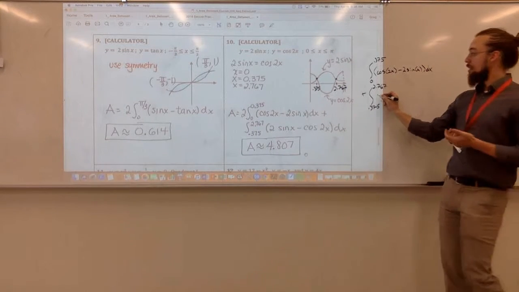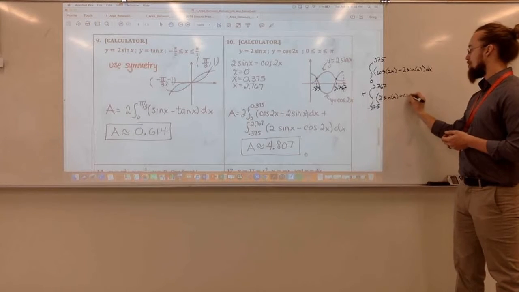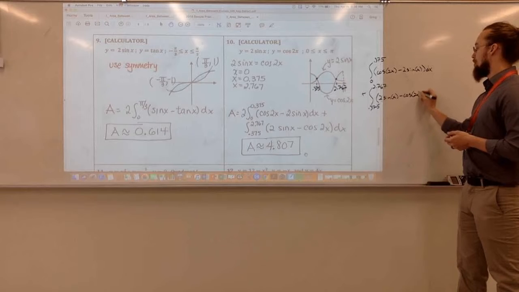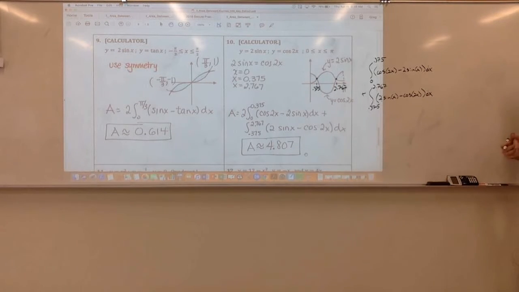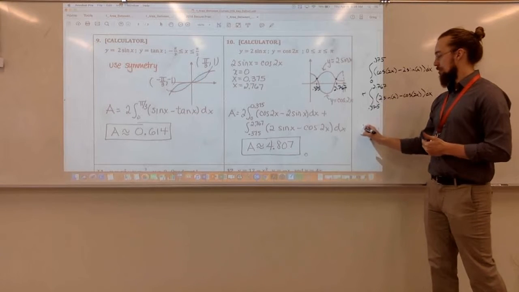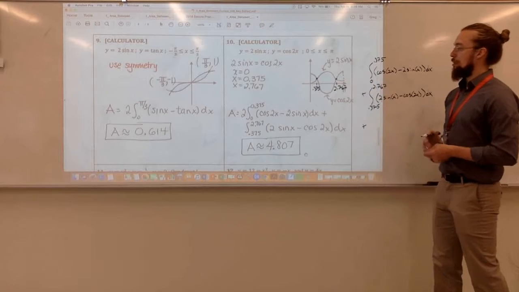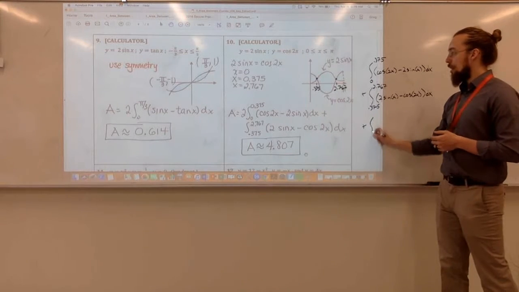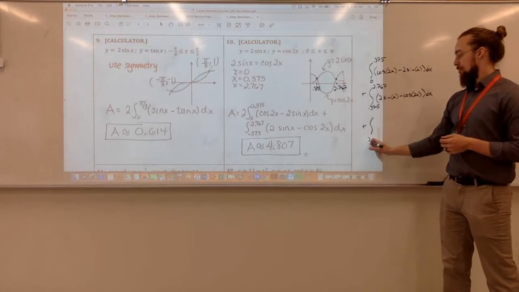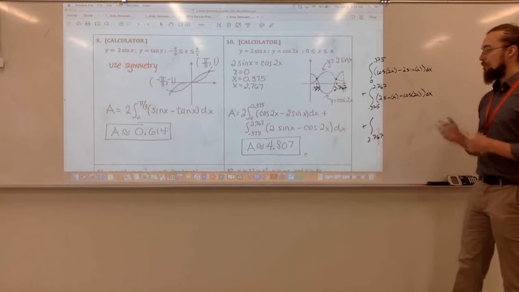So I would say 2 sine of x minus cosine of 2x on this interval. And then the third piece, okay, they flip again, right? So the cosine of 2x function is greater. So here, I'm going from 2.767 up to pi.